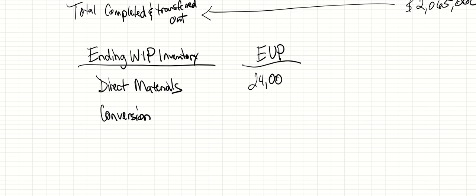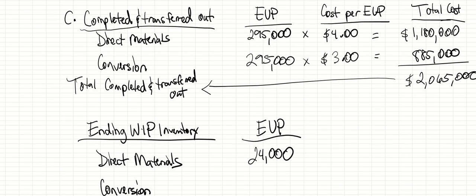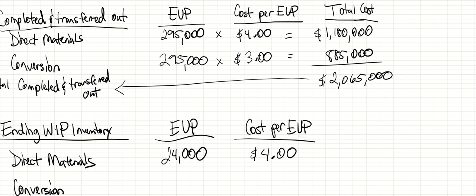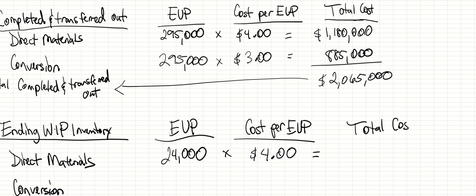Place that right beside the direct materials. The cost per EUP calculated in letter B comes out to be $4. So 24,000 multiplied by $4, our cost comes out to be $96,000.